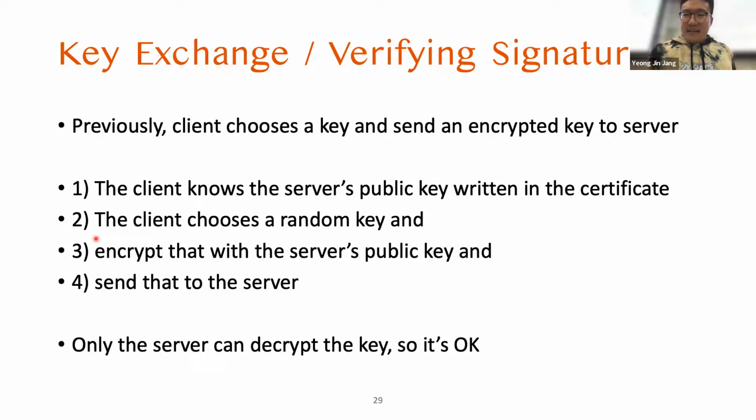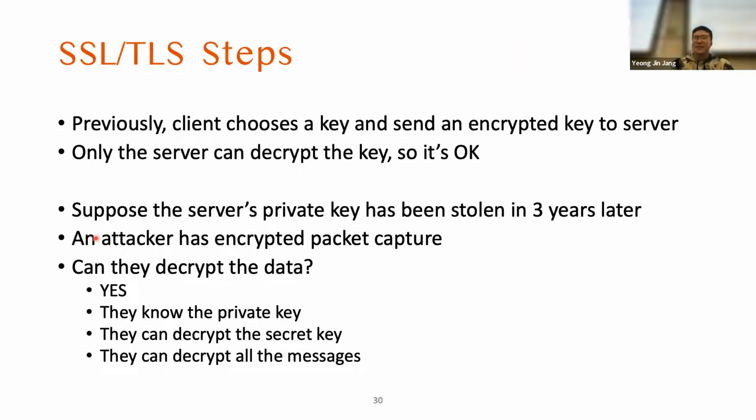But these days, we don't do that because there's another important property, the so-called forward secrecy. Suppose we are agreeing on the shared secret without Diffie-Hellman, and the client chooses a random number and sends it over the network encrypted with the public key. Let's assume the server's private key is stolen maybe 3 years later.